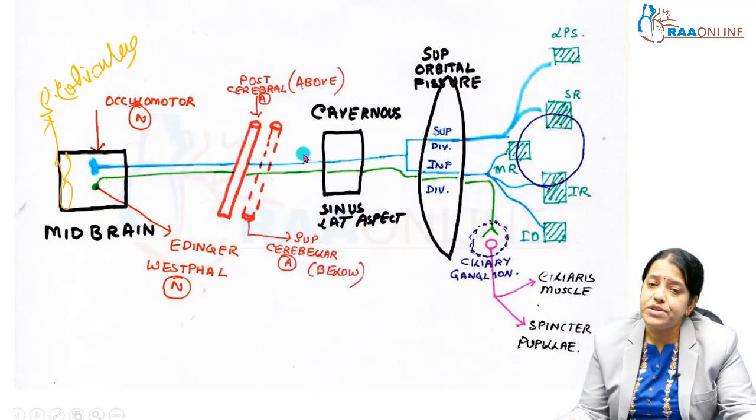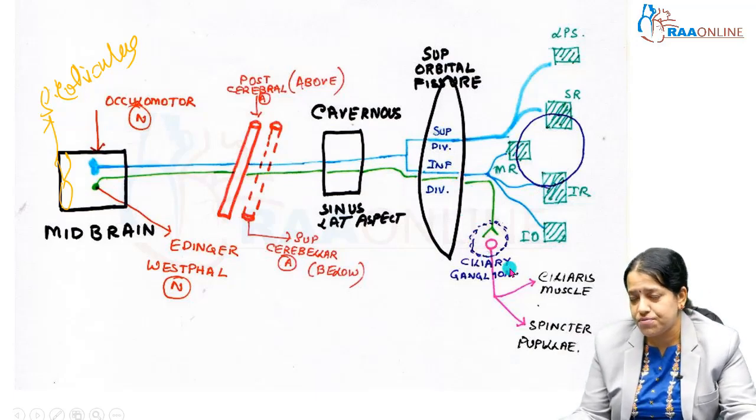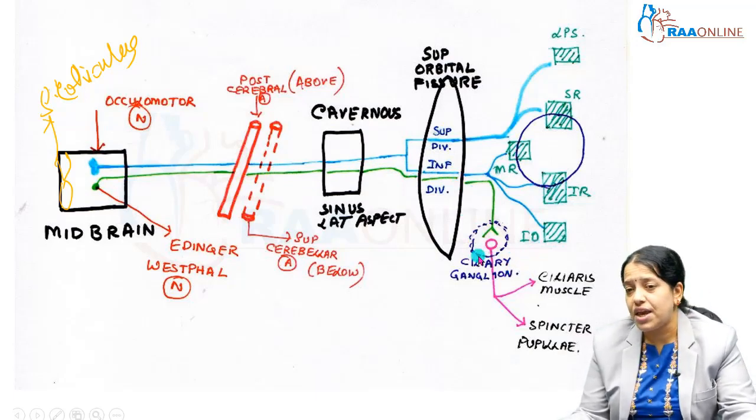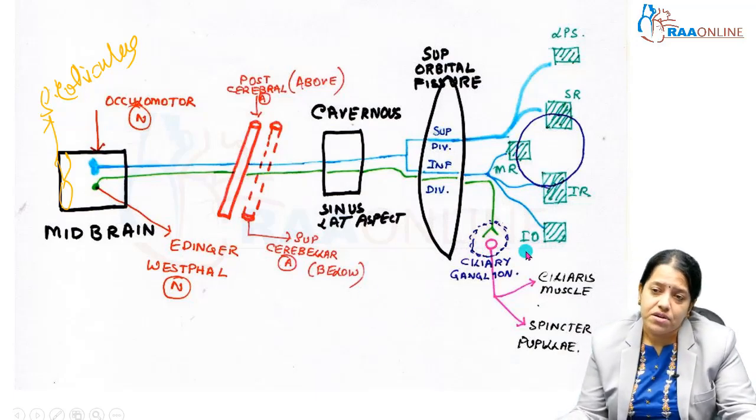Now if you observe over here, the parasympathetic component has been denoted in green, and the parasympathetic component is going to join and continue along the inferior division of the oculomotor nerve, and it is going to relay. The parasympathetic ganglia are always located near the organ to be supplied. It is not near the central nervous system.